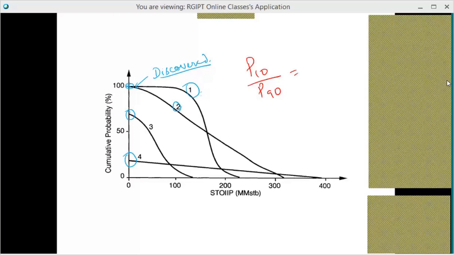So P10 over P90 is a very good number to show the confidence you have in your estimate. Typically, if it's less than 3, then you have pretty good confidence.